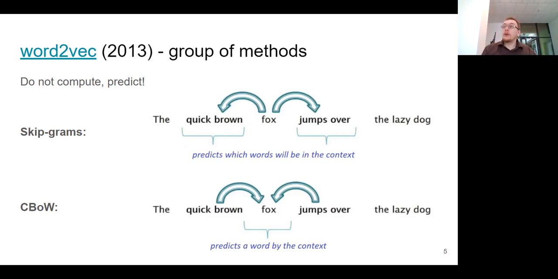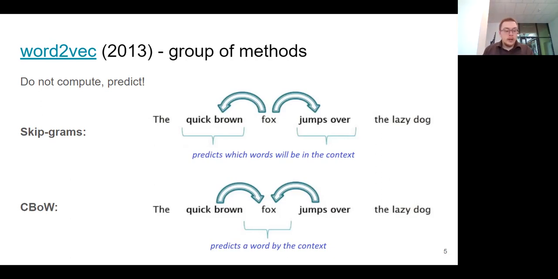For skipgrams, it means that we have the context, a short sequence of words in the sentence, of fixed size. So in this case, it's 5. And we will predict the context by the word. So having the word, we try to see which words are highly probable neighbors of this word.